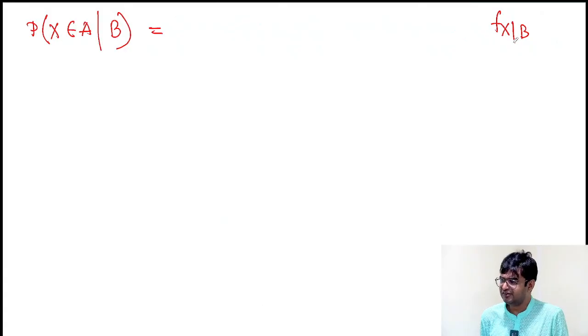X given B means it is the conditional PDF of x, the random variable, given B has occurred. So if I know the conditional PDF of x given B has occurred, then how can I write it by using that?